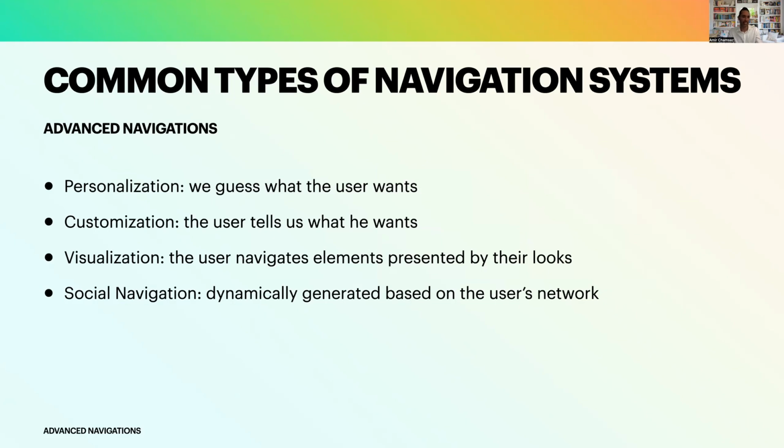And then advanced navigation. Personalization is when a user logs into a system, you know who they are, and present information based on who they are. So we structure, organize, and present information that is personalized to the person. Customization is when a user can decide what information they want to see, such as, I think Micah has both of those.